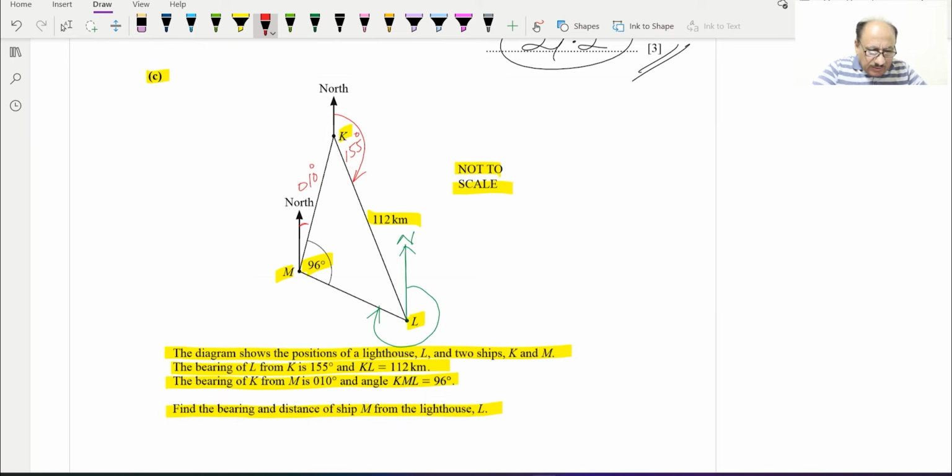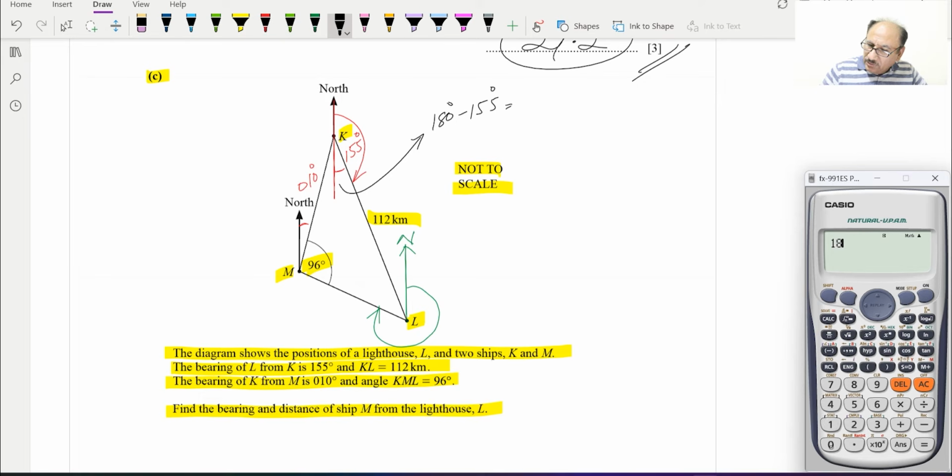We can extend this north down like this one, and we can figure out how much this angle will be. This angle will be 180 minus 155 degrees, which is equal to 25.